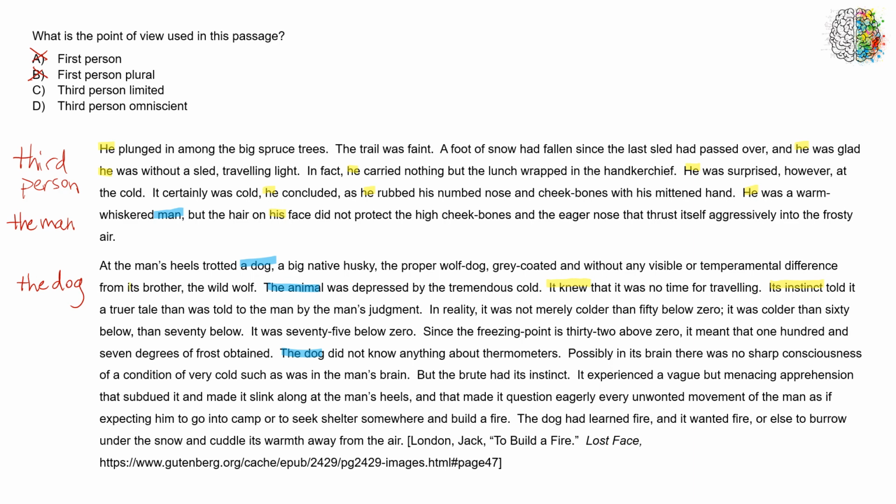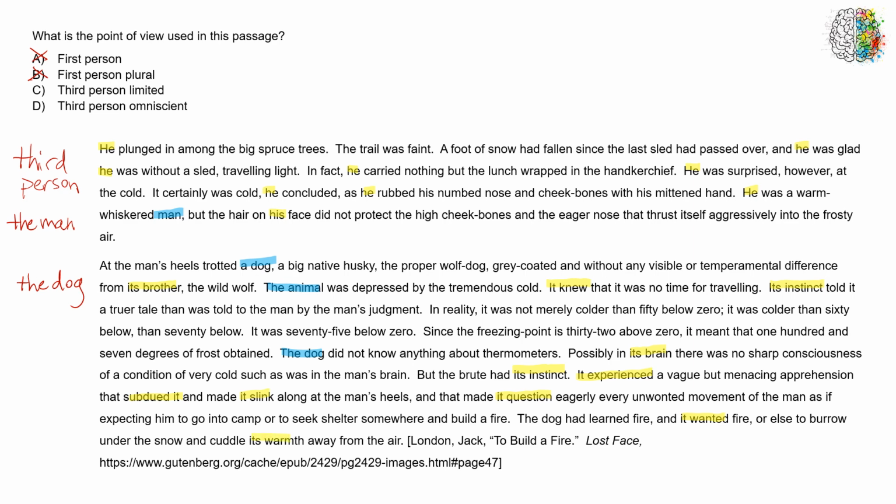And we've got another one here. And we have its brain, it experienced, its instinct, subdued it, it slink, it question, it wanted, its warmth.